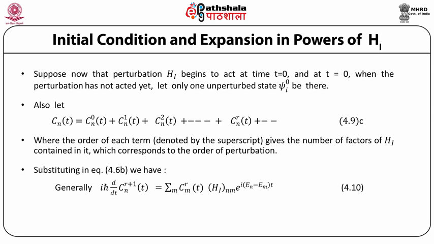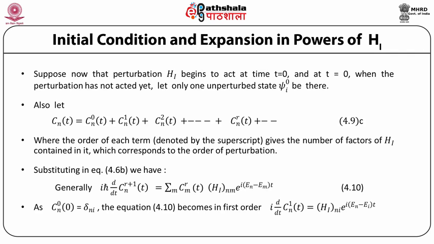Substituting in equation 4.6b, this gives us a relation between Cn(r+1) and Cn(r), which is of the form i ħ d/dt of Cn(r+1) is equal to summation over all the states m of the coefficient Cm(r)(t) into the matrix element between n and m of Hi, and exponential i (En minus Em) t. So Cn(r) gets contributions from every one of the states m and is summed over them.